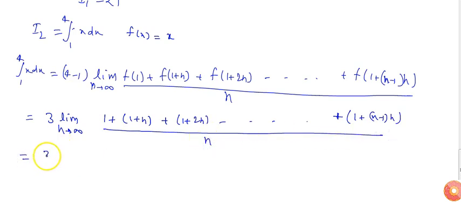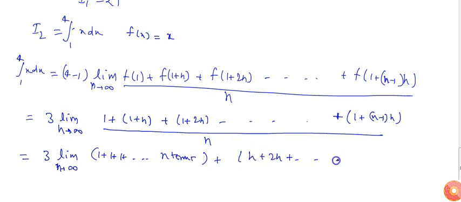So from here I'll get 3 limit n tends to infinite, 1 plus, each term contains 1, so I can write 1 plus 1 plus 1 up to n terms, and here h plus 2h plus up to (n minus 1)h, divided by n.